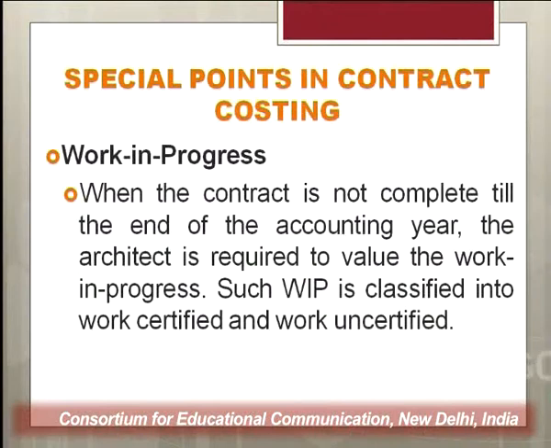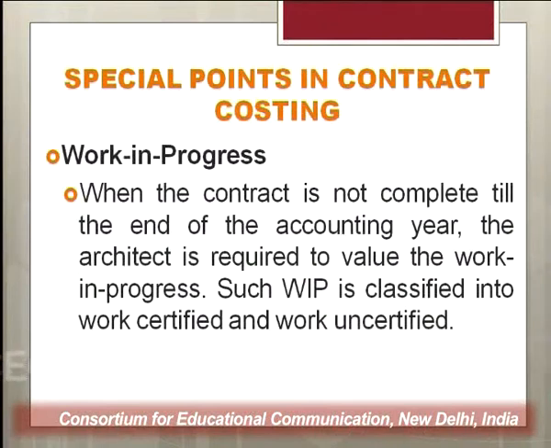Now, another important aspect is work in progress. How do we calculate work in progress? When the contract is not complete till the end of the accounting year, the architect is required to value the work in progress. Such work in progress is classified into work certified and work uncertified.